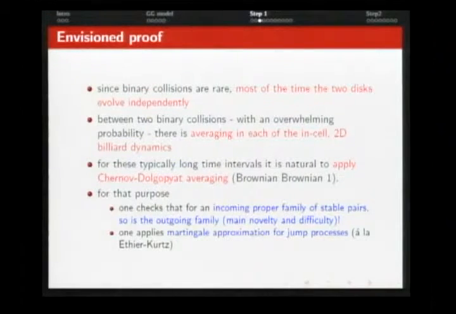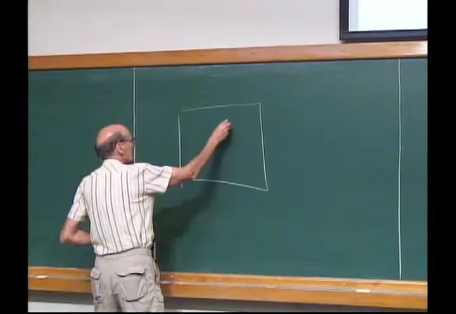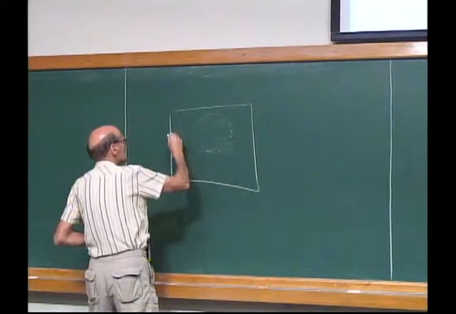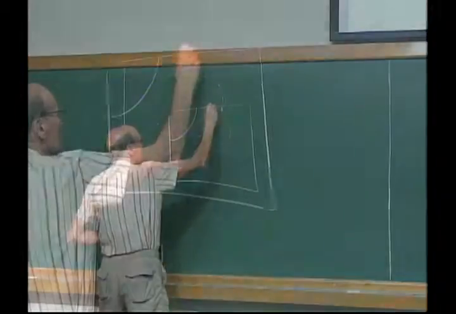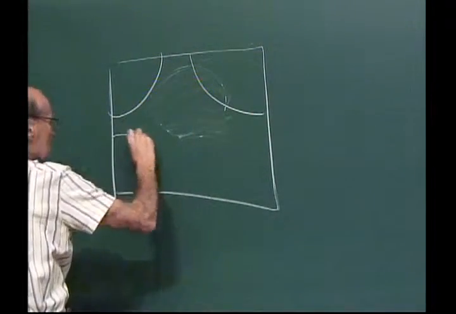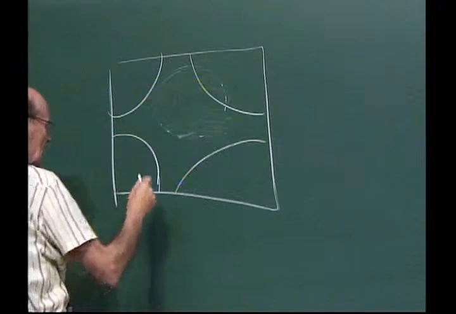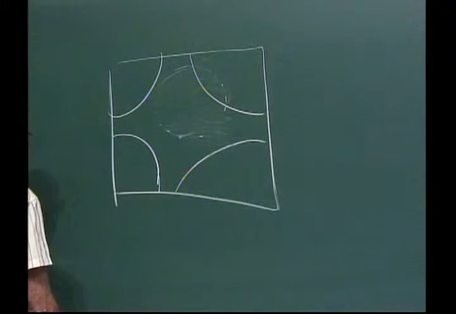I just mention briefly the model they were considering. It is a billiard model, a toric billiard, and they had two particles. Both particles were moving.